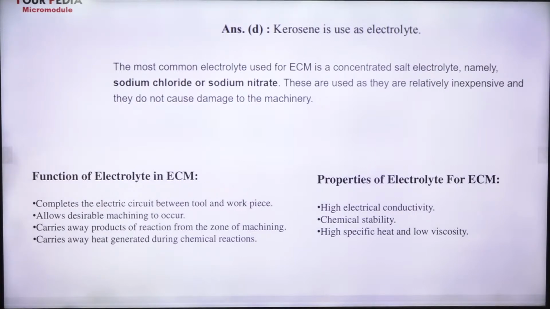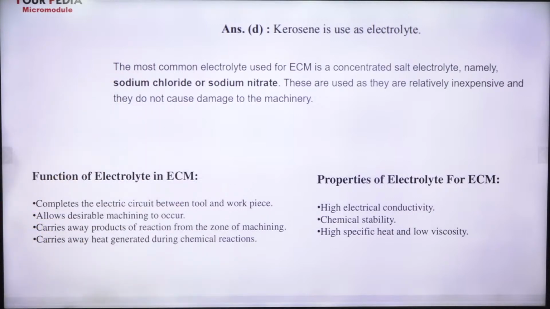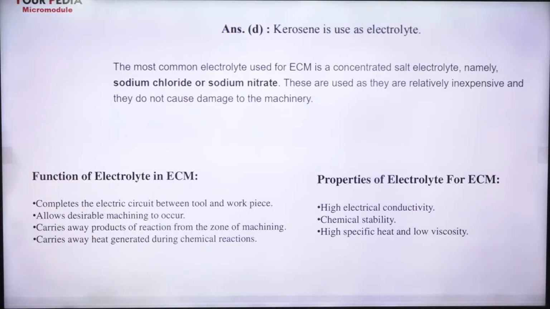So I think that was sodium chloride, sodium sulfate, sodium nitrate. These kinds of things we are using. Why do we use the electrolyte? To complete the electric circuit, to carry away the heat and product produced at the machining zone.